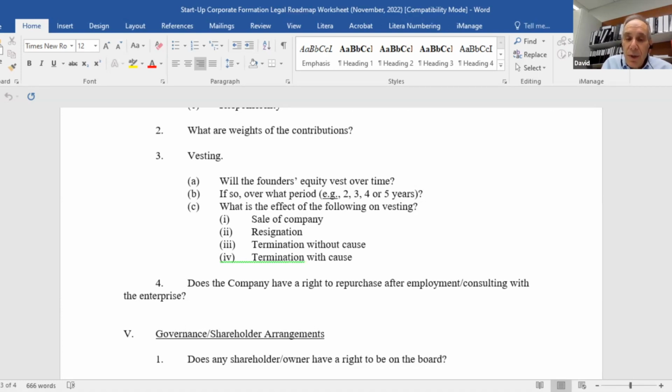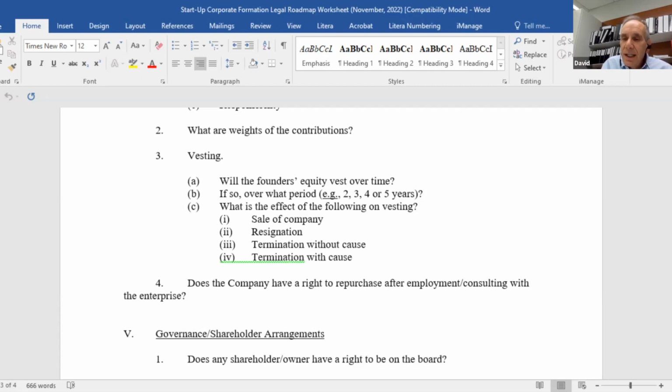The next question is an interesting one: if a founder leaves, should the company have the right to repurchase even the vested stock? Let's suppose that 50% of my stock has vested, 50% has not. The 50% that has not yet vested, I lose. But what about the 50% that's vested?